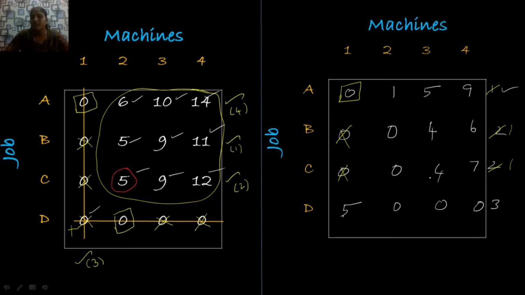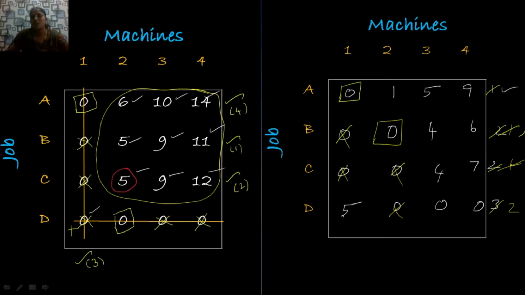Now I am going to make my second assignment. For making the second assignment, I have two options. Either I make the second assignment for the second row or the third row. So I am going to make an assignment for the second row first. After making the assignment, cross the remaining zero elements in the same column and row. Now, look at the third row, it doesn't have any zero elements.